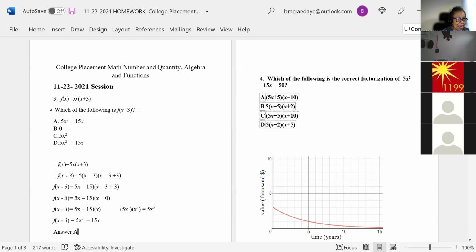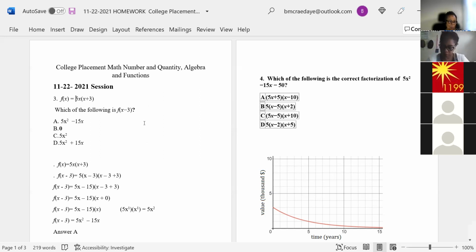That's the x minus 3. Your output is what you calculate over on the right, the 5x times x plus 3. And the relationship here is what we are doing. This is a multiplication.